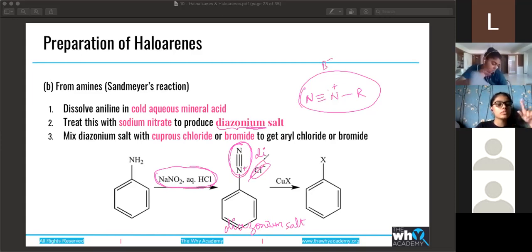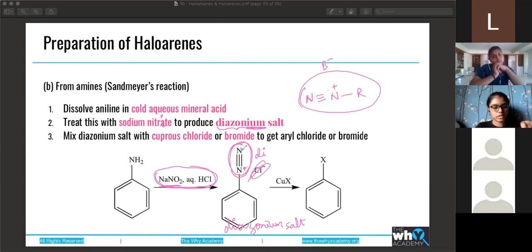Okay. So ma'am, the first step is aniline plus HCl. Yes. When it says cold aqueous mineral acid, first treat this mixture with sodium nitrite. So aniline plus aqueous HCl plus NaNO2 will give me the diazonium salt.